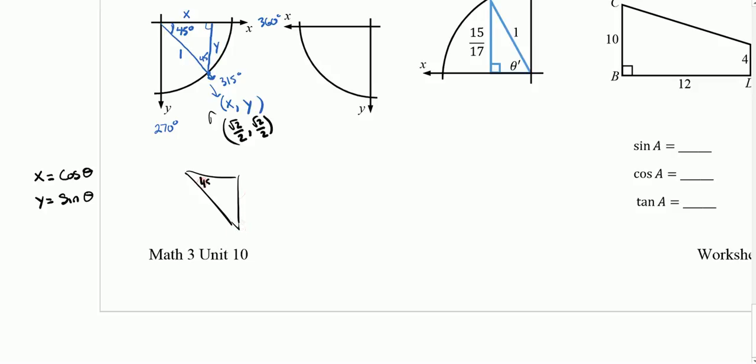Okay, here's our 45-degree angle, our reference angle that we're working with, hypotenuse, sorry, I'm not drawing the same one, this would be root 2, this is 1 and 1, right?